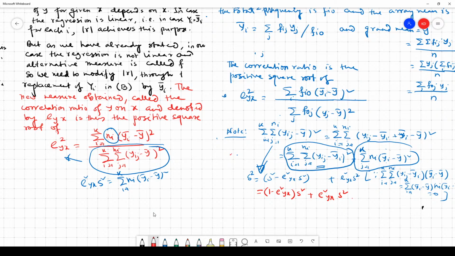Now you see that ni yi bar minus y bar whole square can be written as ni times yi bar minus capital Yi plus capital Yi minus small y bar, and again we see that the cross product term vanishes. Please check this.